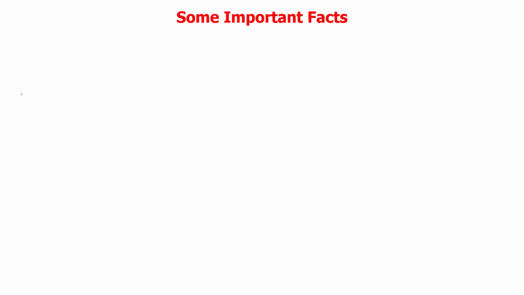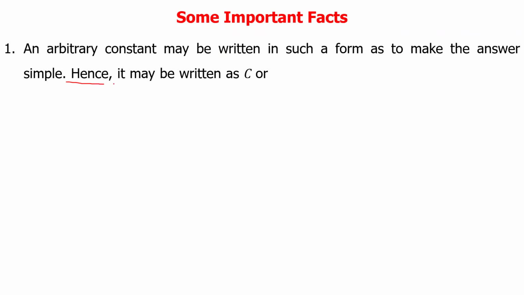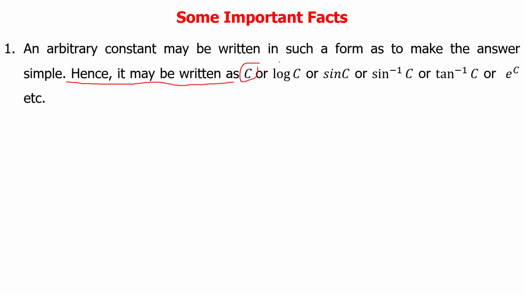Now there are two very important facts. The first is that an arbitrary constant may be written in such a form as to make the answer simple. Sometimes we can write C, sometimes log of C, sine of C, sine inverse of C, tan inverse of C, e to the power C, and so on.